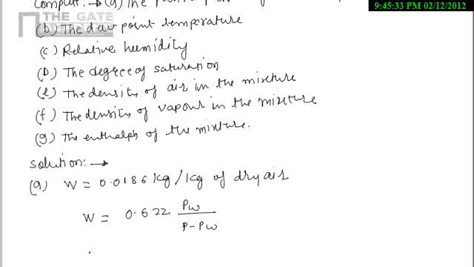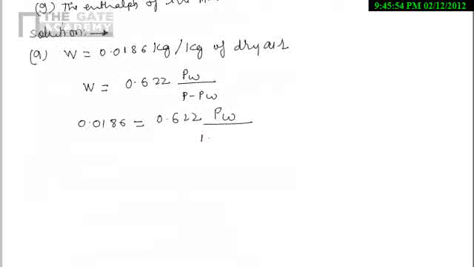So W is 0.0186 equals 0.622 Pw divided by P minus Pw, where P is the atmospheric pressure, 1.0132 bar.